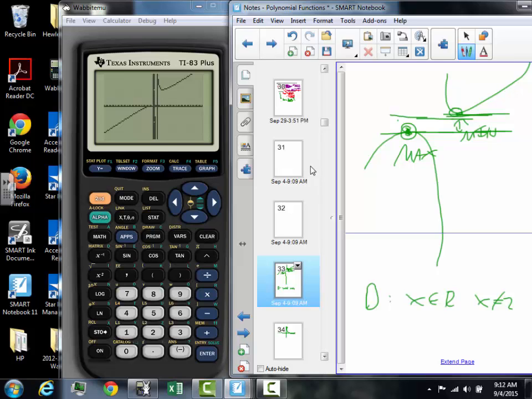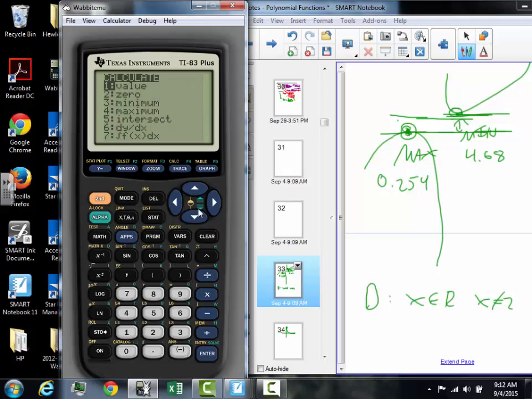Anybody get a number? Tell me what you got and then I'll compare it. Which one are you doing, the minimum? 4.68, that's the y value, right? For the max, 0.2540. That'll work. Okay, let me try it here. I'll calculate the maximum first.